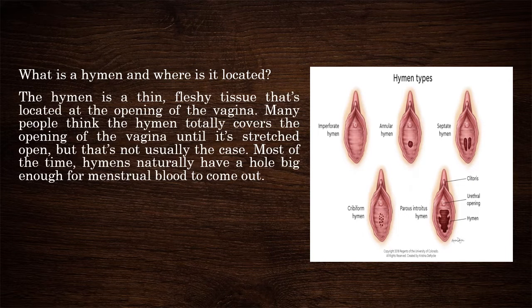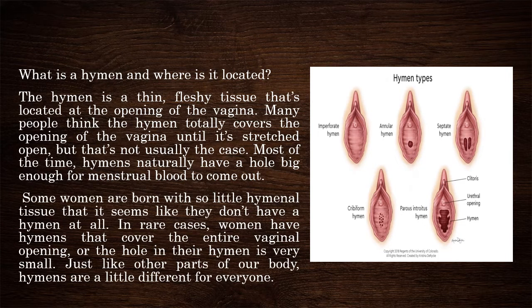Now, the hymen is a thin, fleshy tissue that's located at the opening of the vagina. Many people think the hymen totally covers the opening of the vagina until it is stretched open, but that is not usually the case. Most of the time, hymens naturally have a hole big enough for menstrual blood to come out.